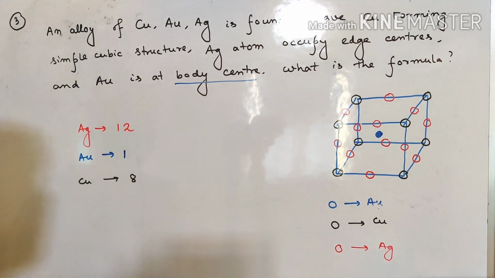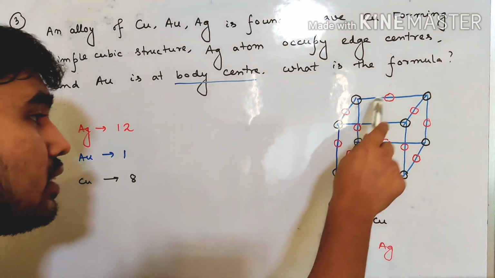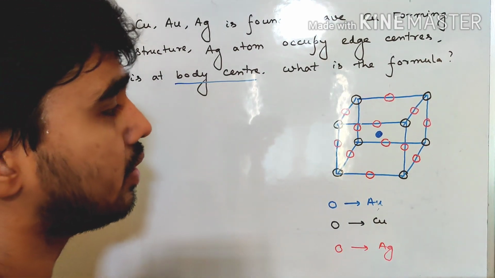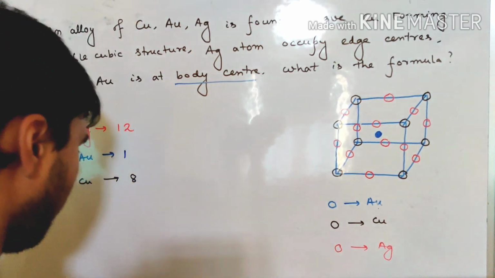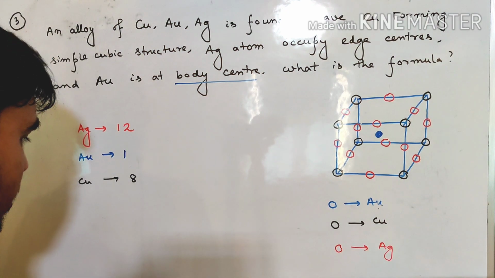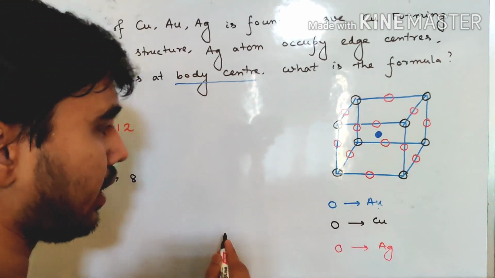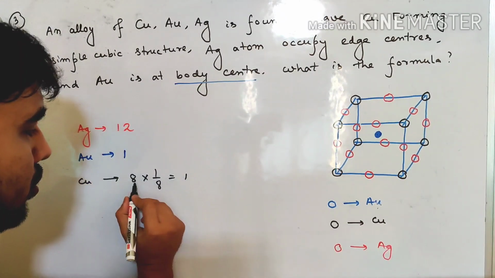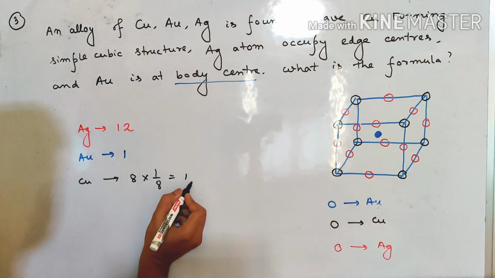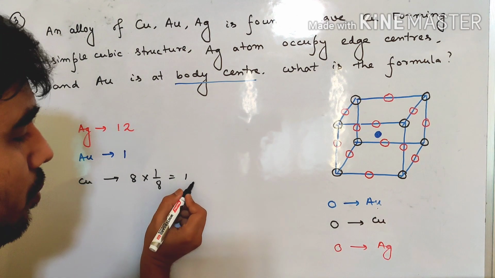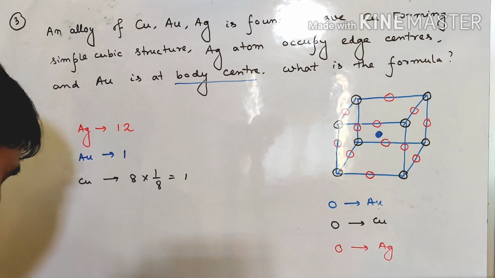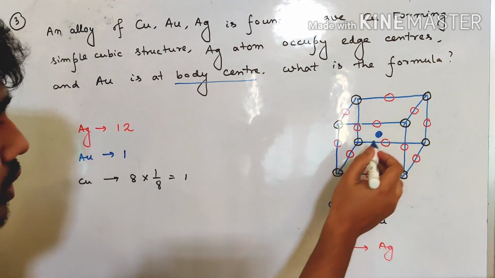But as we know, the contribution of these spherical atoms within the unit cell will not be full. The corner atoms, as we know, each contributes 1/8. So the volume of only one spherical atom will be within the unit cell. In case of Au, that is gold, it is fully within.